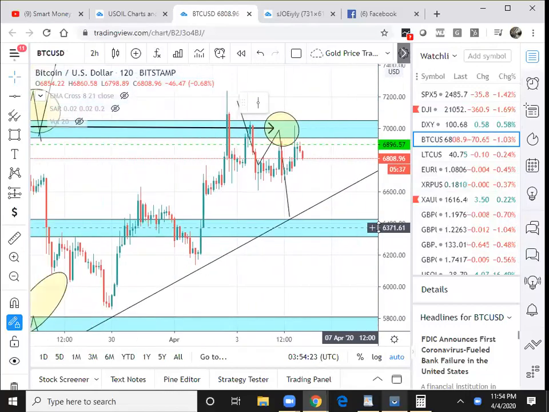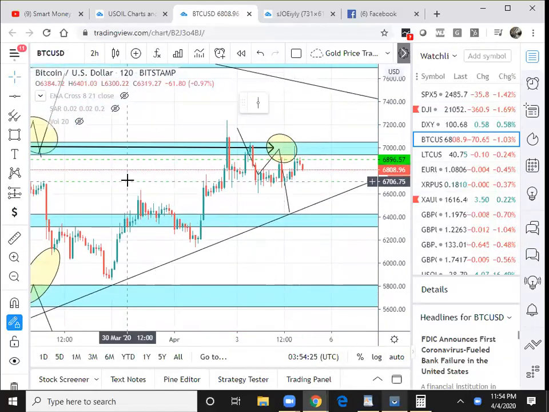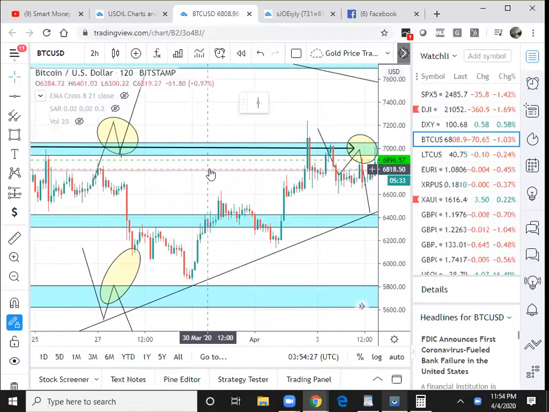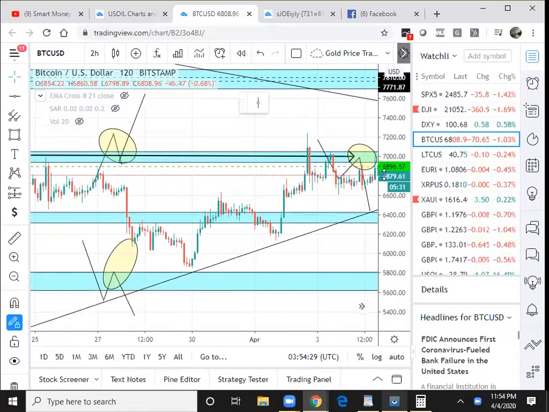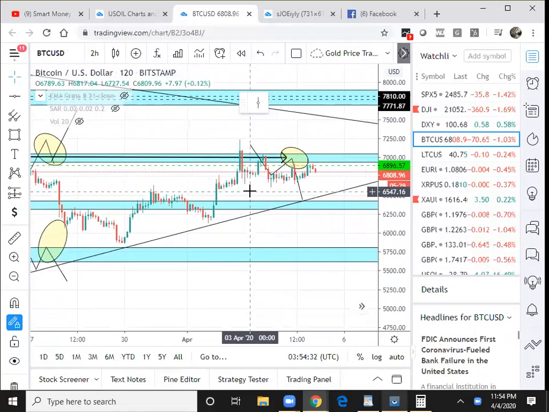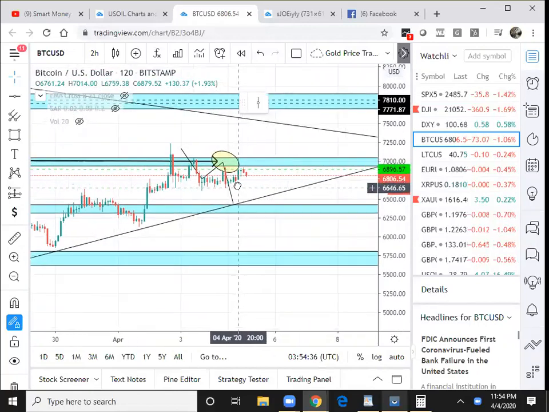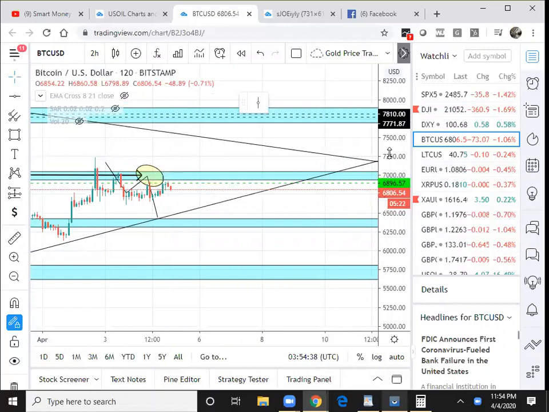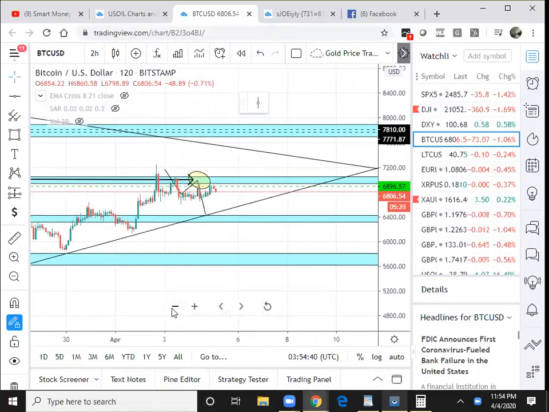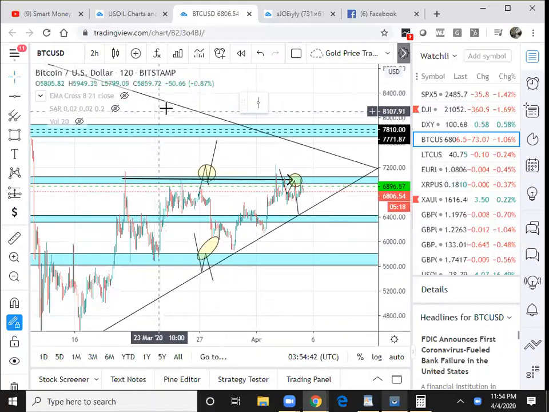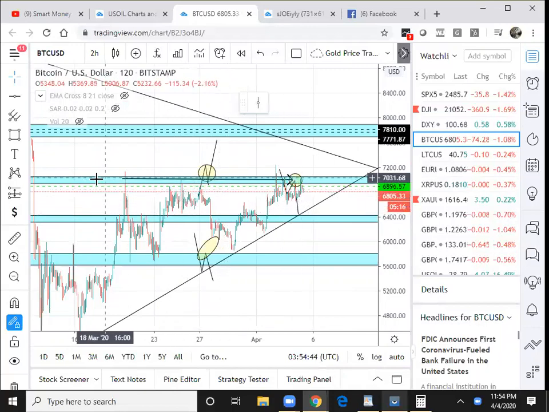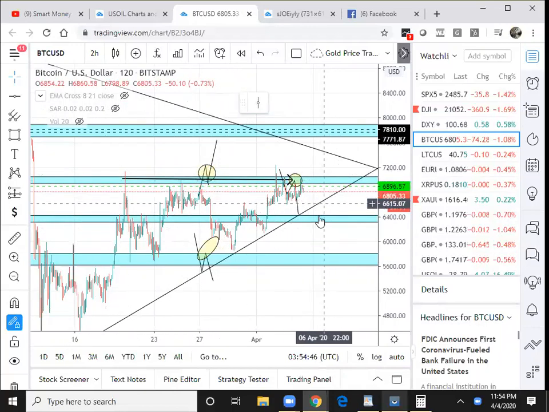Bitcoin, all right? So Bitcoin, same thing. Well, it did break the equal high and come back, retest, and starting to drop. But Bitcoin is in this triangle here. And also, obviously, I have my price traps.